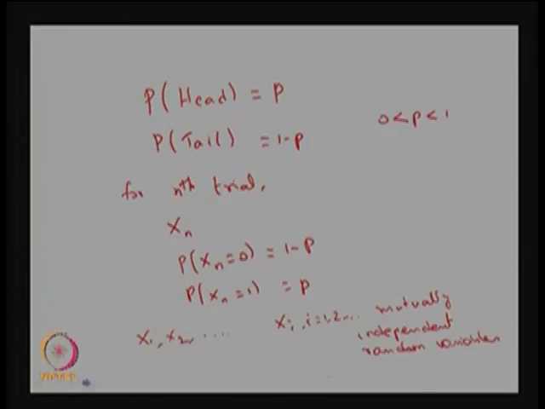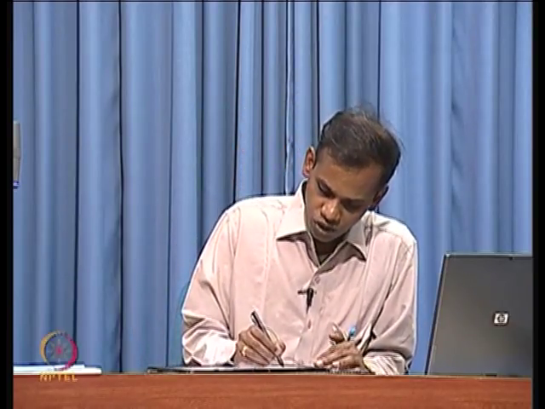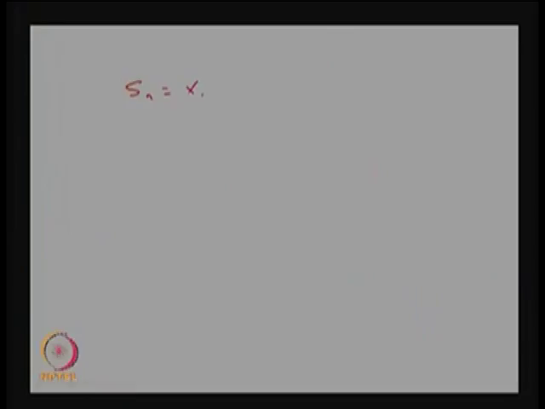Now I am going to define another random variable, the partial sum of the first n random variables, Xi's. So Sn will be the sum of the first n random variables. Therefore, the sum Sn gives the number of heads appearing in the first n trials.